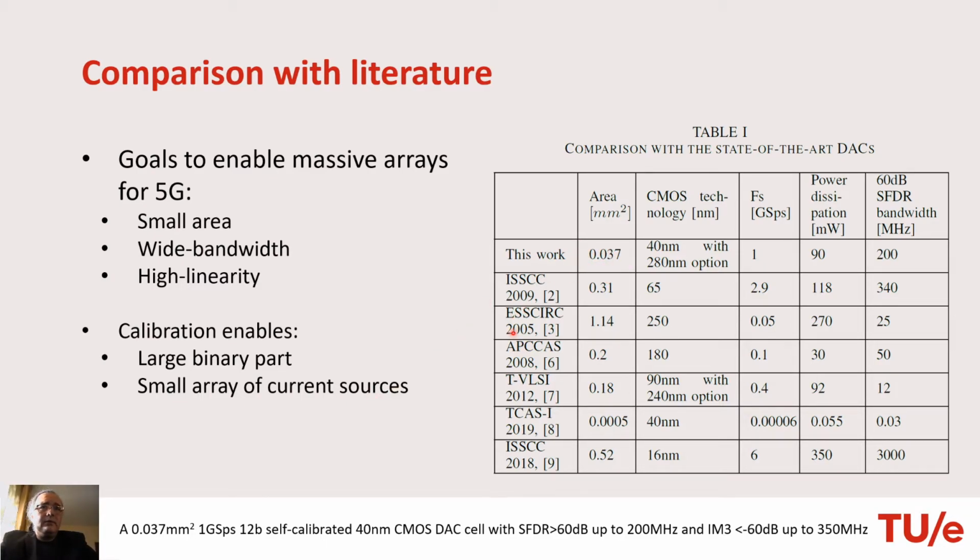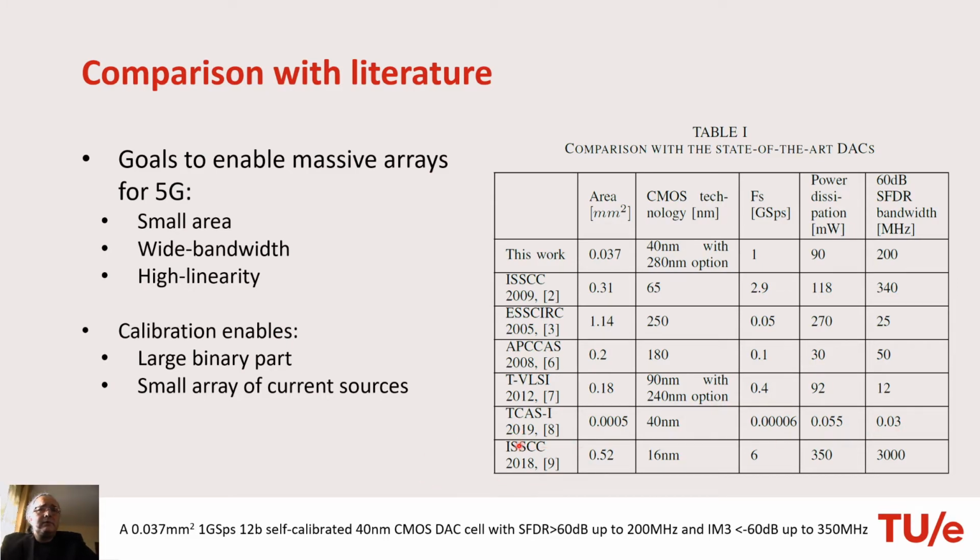If we look at what the others are doing, we'll immediately spot this D2A converter, published 2019. However, if we look closely, you see the performance here. And the reason is that this is an oversampled DAC. So this is digital sigma delta, which uses a high oversampling ratio, and this results in a very small bandwidth.